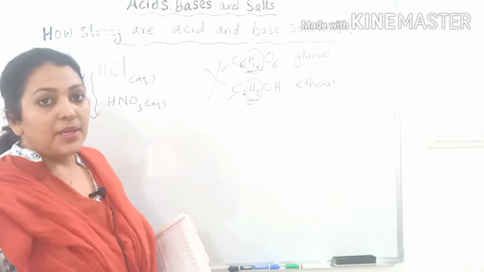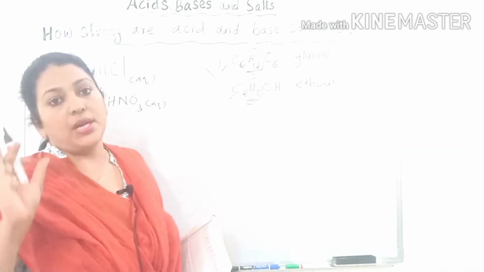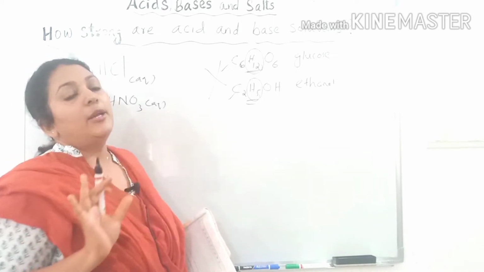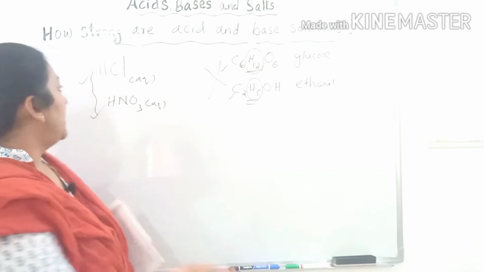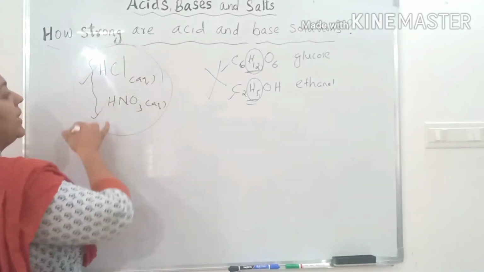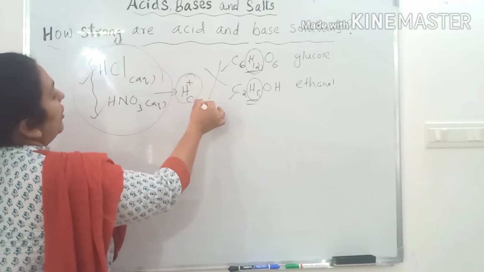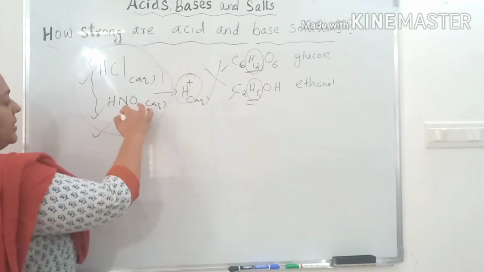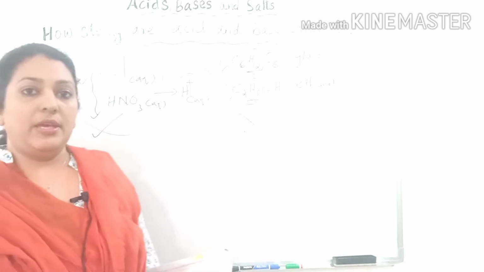Is that clear? They can remain only as hydrogen atoms in their molecules. They are not forming any ions. But in the case of these, okay, they can release H plus ions in presence of water. Therefore, they show acidic behavior, and these are not showing any acidic behavior.